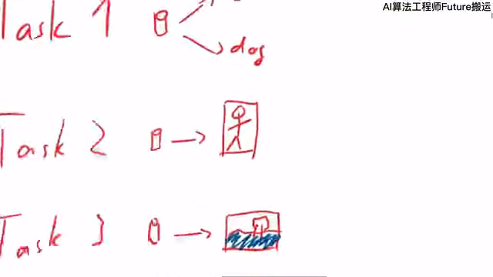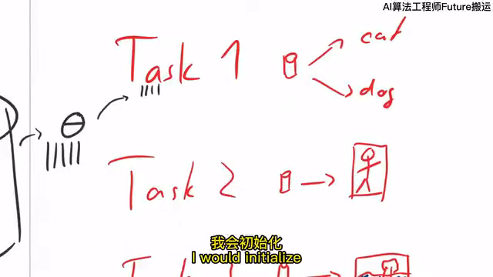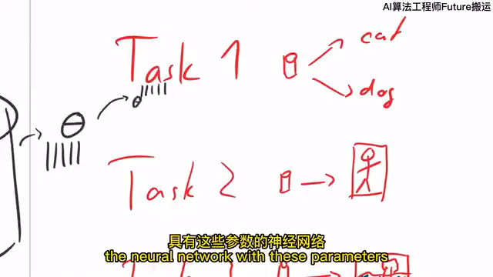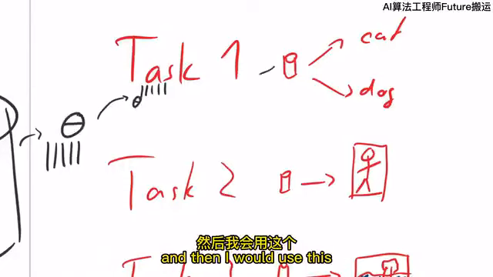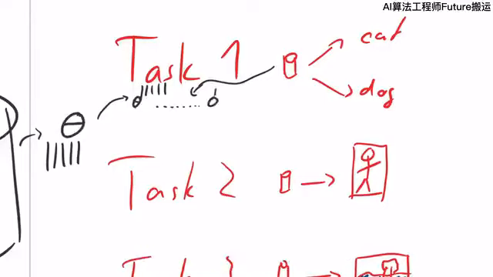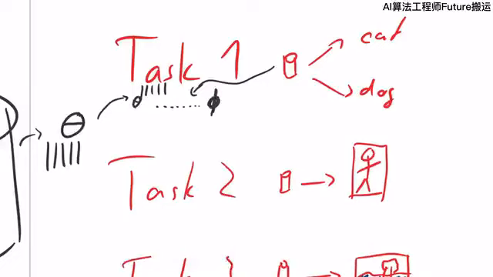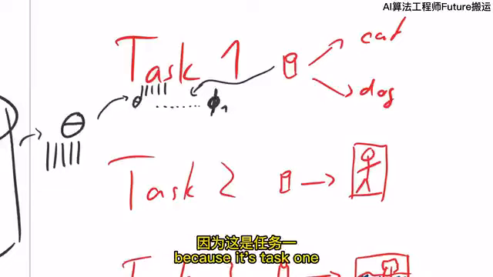So in task 1, I would then take these parameters as an input to the neural network. I would initialize the neural network with these parameters, and then I would use this training set in order to fine-tune, this is what's called fine-tuning, to the task-specific parameters here, phi. So phi 1, because it's task 1.